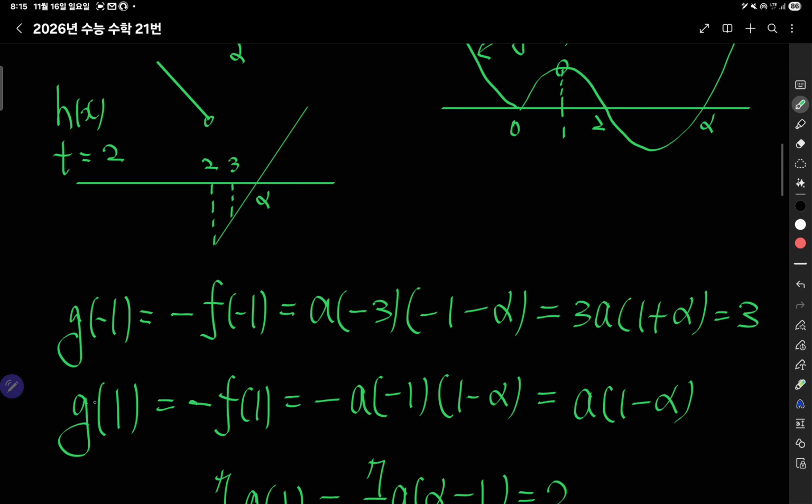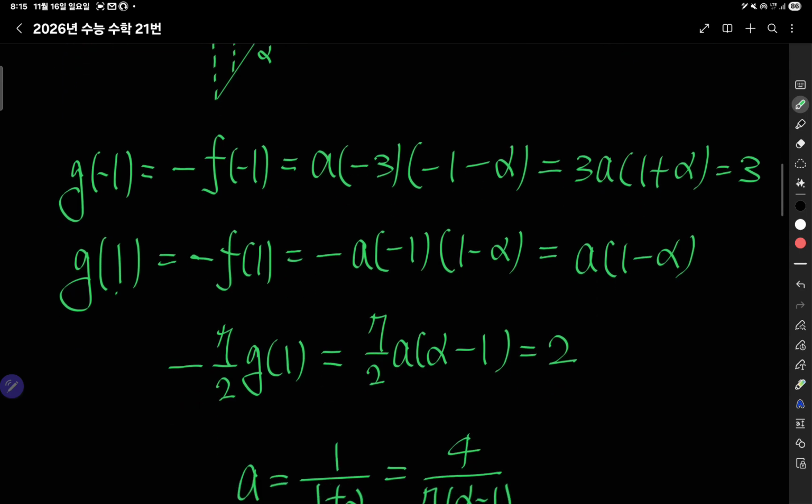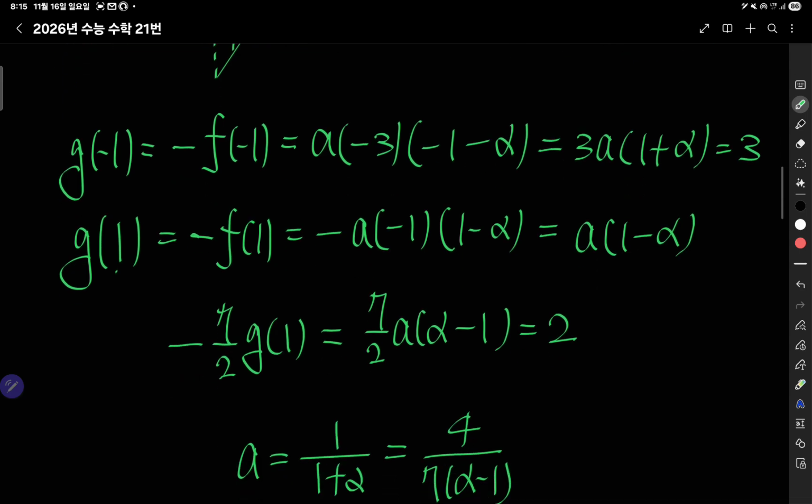And to find the value of g of 1, because 1 is also less than the number 2, we need to use negative f of 1. And that will make a times 1 minus alpha. So negative 7 over 2 times g of 1 is equal to 7 over 2 a times alpha minus 1.